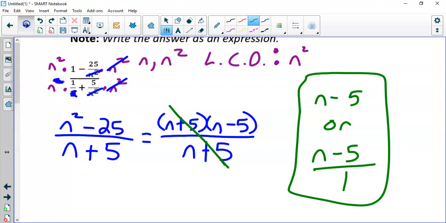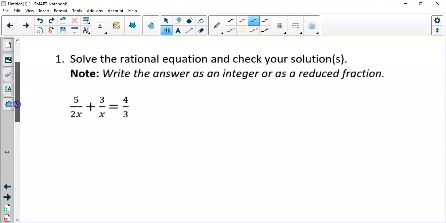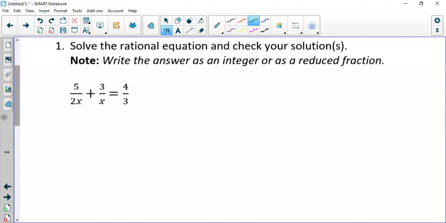Okay. We're getting near the end of the rationals. All right. So here we're solving now. It's kind of like what we just did with the complex fractions. You got to clear the fraction. You have 3 denominators. What are they? 2x, x, and 3.